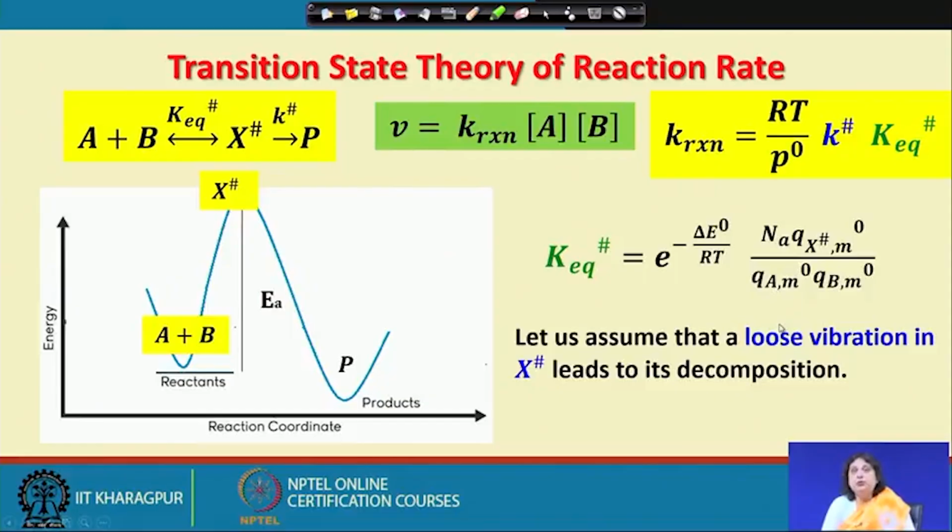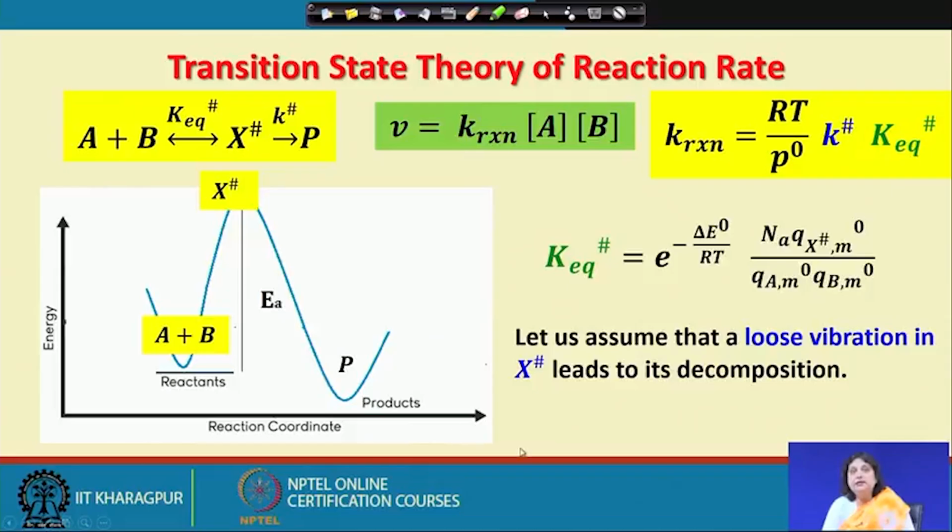Now, let us assume that the system, when it forms this activated complex, has several bonds in it, and one of these bonds is executing a very loose vibration. This loose vibration is so weak that it leads to the decomposition of that particular bond.